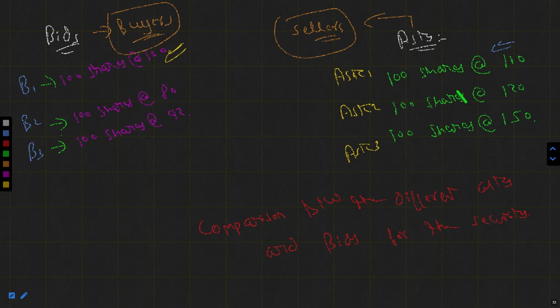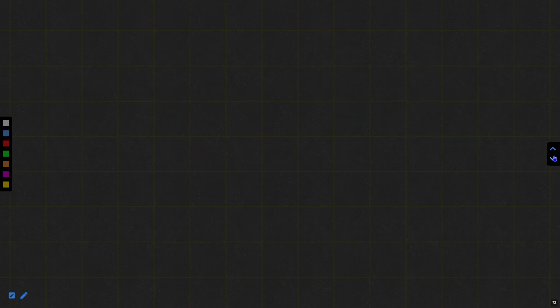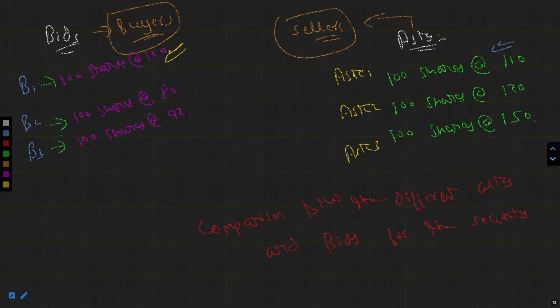Now if we compare them, 100 shares at rupees 100 and 100 shares at 110. The buyer is willing to pay how much? 100 shares at rupees 100 means rupees 10,000, from the buyer's point of view. Seller, 100 shares at 110.